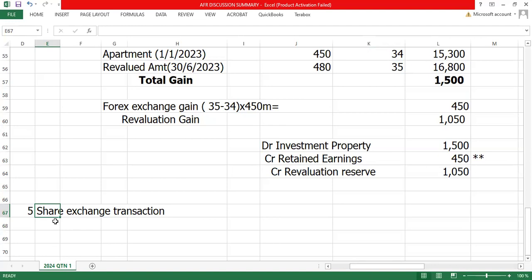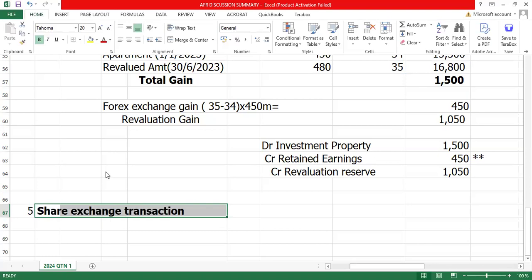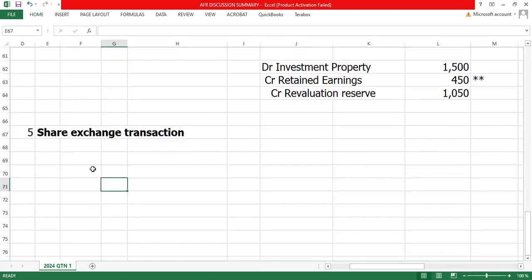When you're looking at this, in your mind, you need two things. You need the share capital, and you need also the share premium from this transaction.